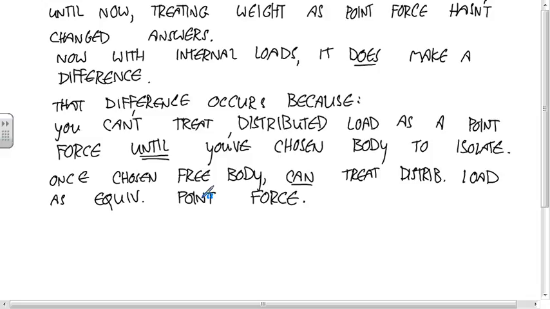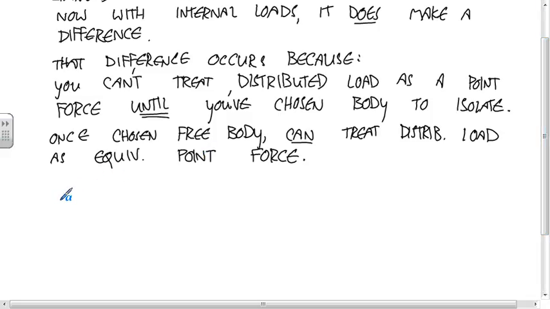And then I'm going to do a simple internal loads problem. We're going to do it treating it as a point force. We're going to do it treating it as a distributed load. And hopefully you'll see where that jump has to be made between going from a distributed load to the equivalent point force.